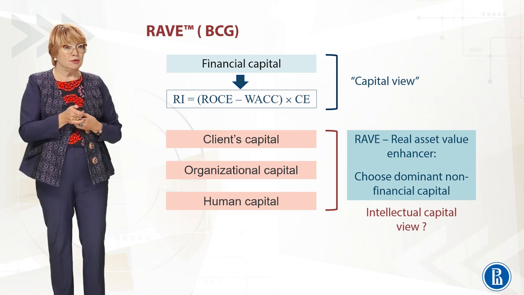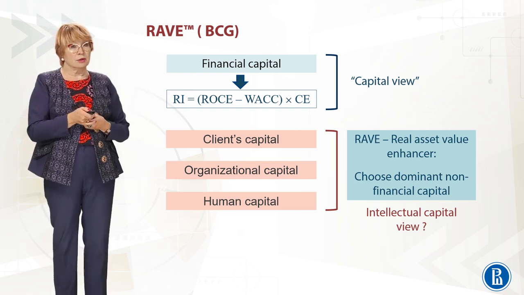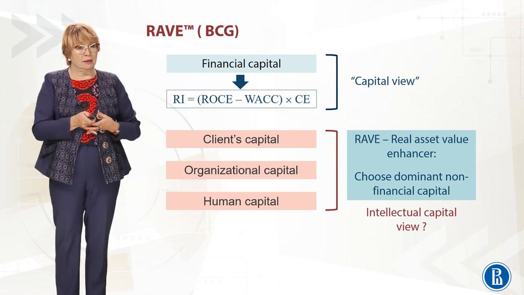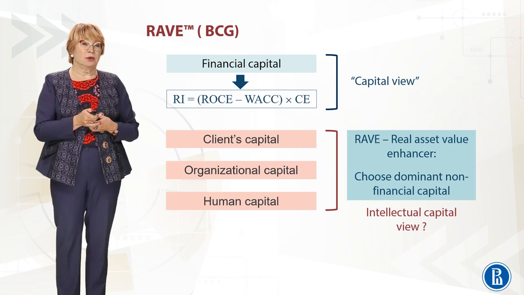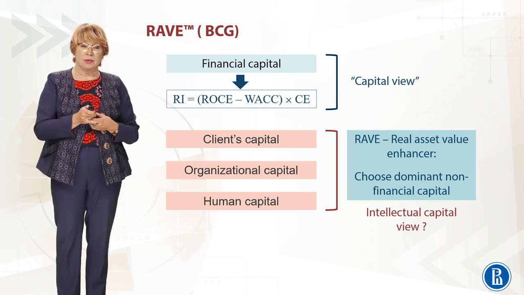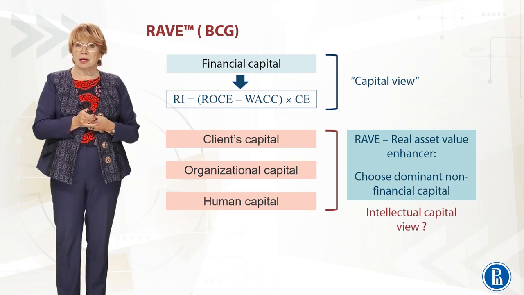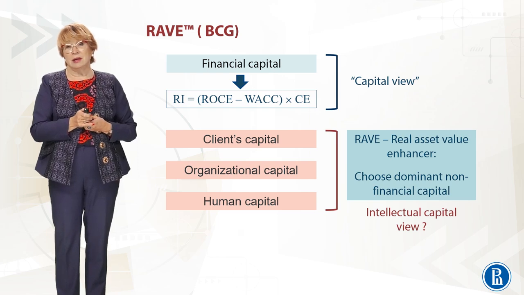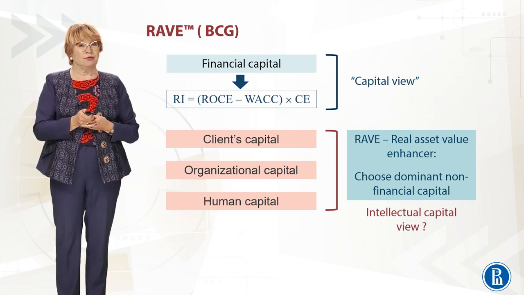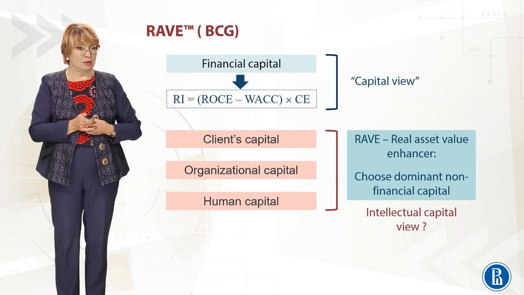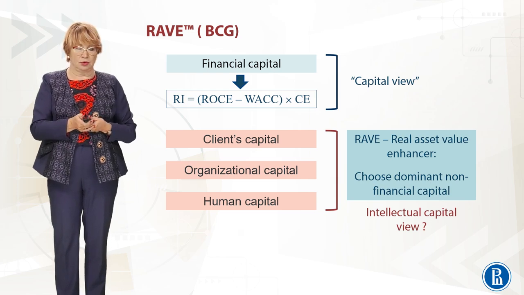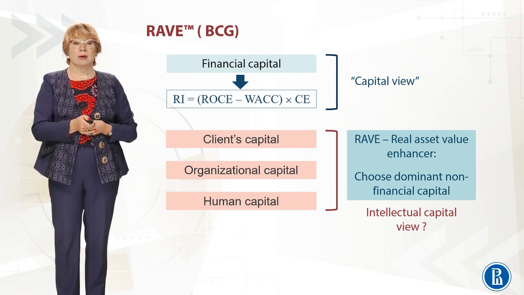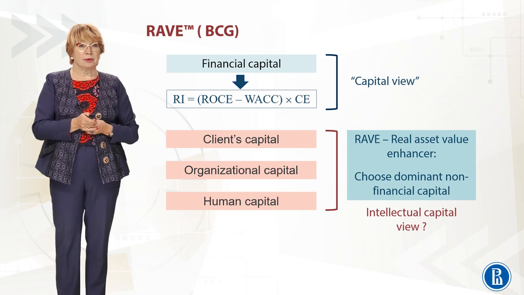So we computed residual income, which was the spread, or the difference, between return on capital employed and the weighted average cost of capital, multiplied by the capital employed. And now we need to go through these adjustments and try to find the solutions for the non-financial capital's view on the computation of economic profit for the companies.